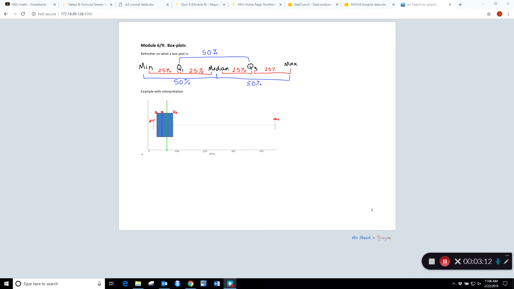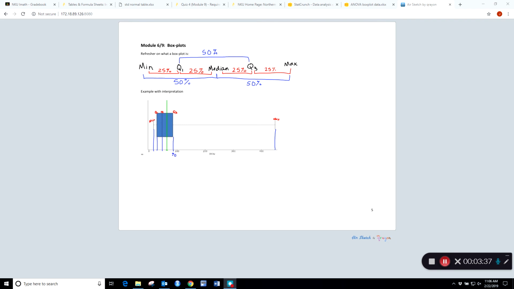Then I'll try to ballpark where some of these values fall. I'll extend my lines down, so I can at least try to estimate where some of these values are. The third quartile here is a little bit smaller than 100. I'm just going to say that's 90.